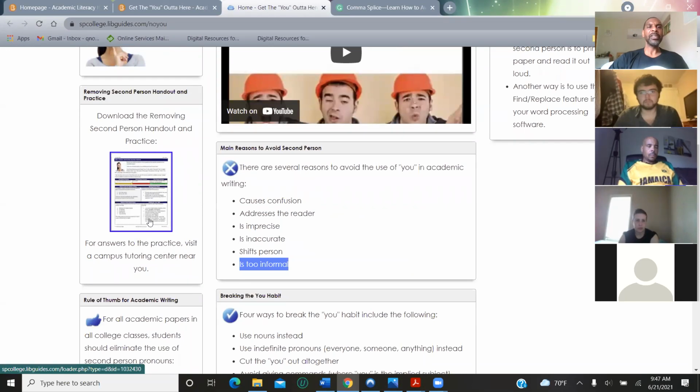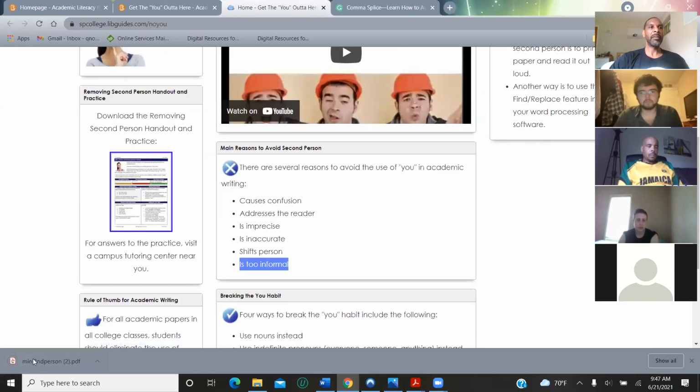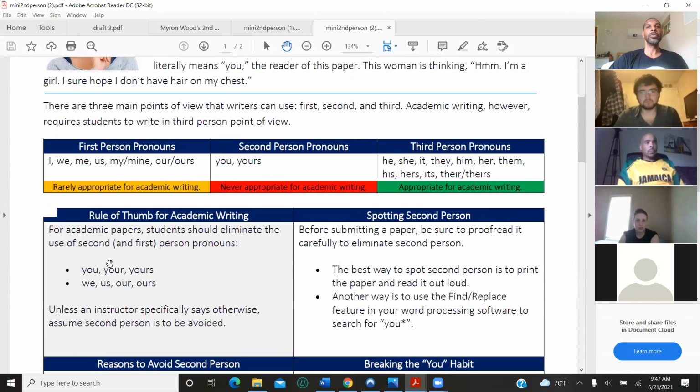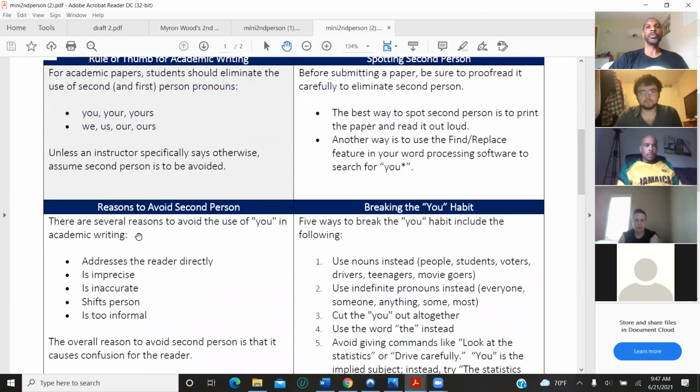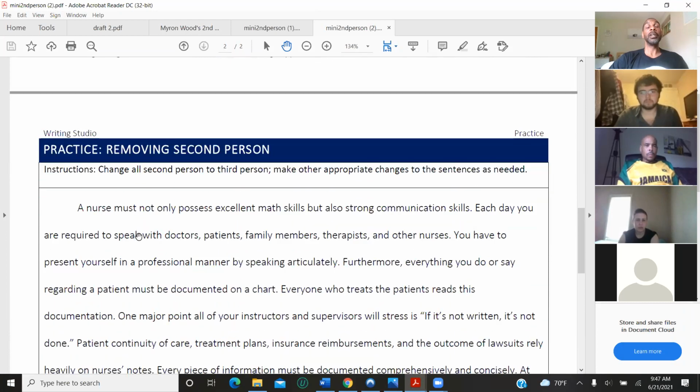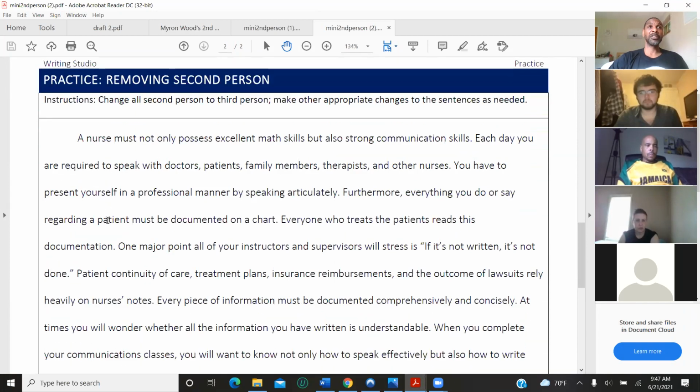I have this somewhere on my computer, and I'll get it uploaded to that module as well. But this is nice and concise, and then it gives you some examples. Oh no, it doesn't give you some examples. It does something even better. Gives you an exercise.